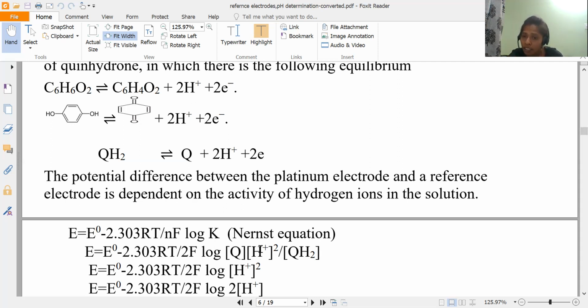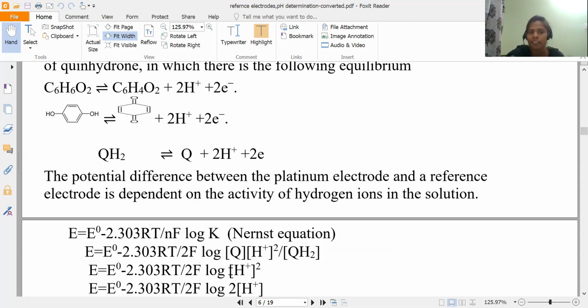So the concentrations of Q and QH2, quinone and hydroquinone, are equal. So when these concentrations are equal, we can cancel them. What is the remaining thing here? H+ squared is the remaining thing.